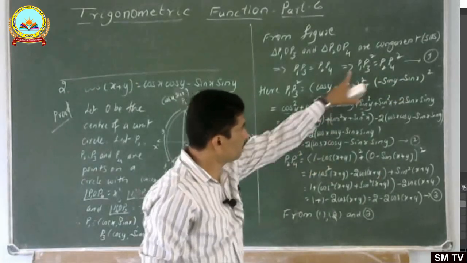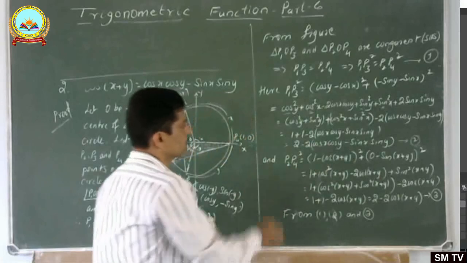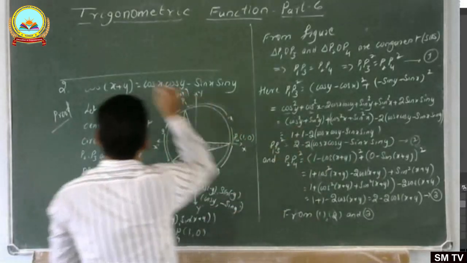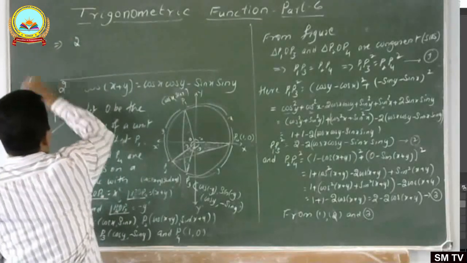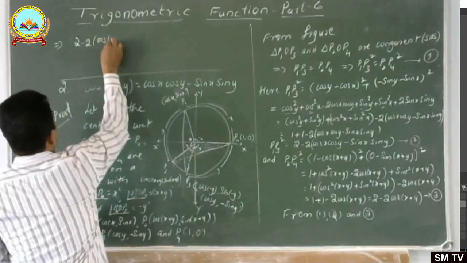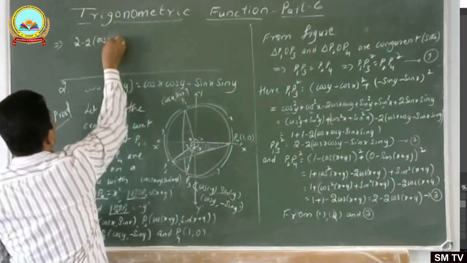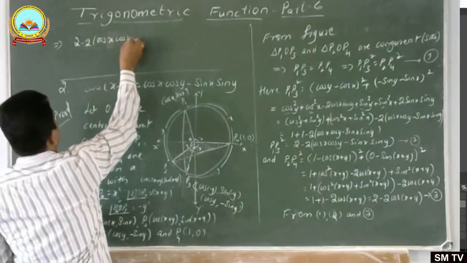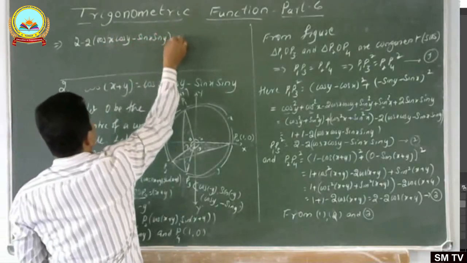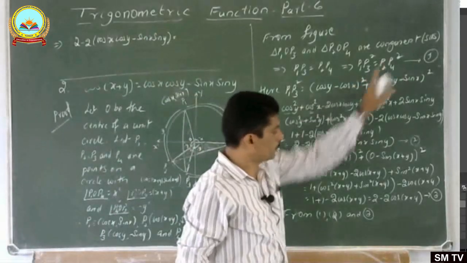Using 2, P1, P3 square, its value is 2 minus 2 times cos of x into cos of y minus sin x into sin y, is equal to P2, P4 square.